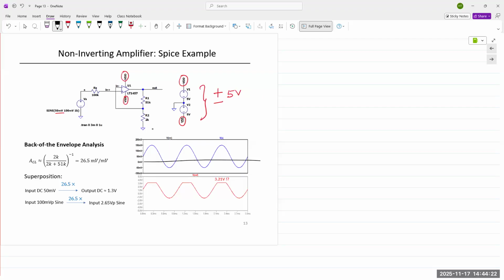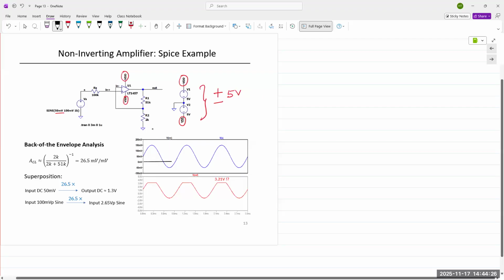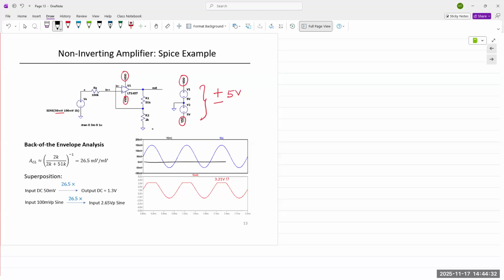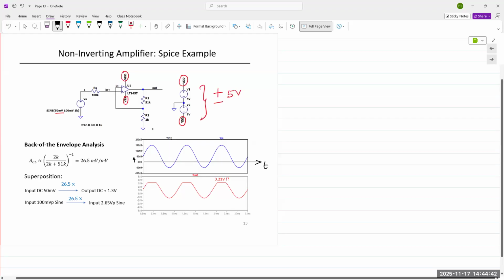The 0 volt line is here. And there is a 50 millivolt DC offset.